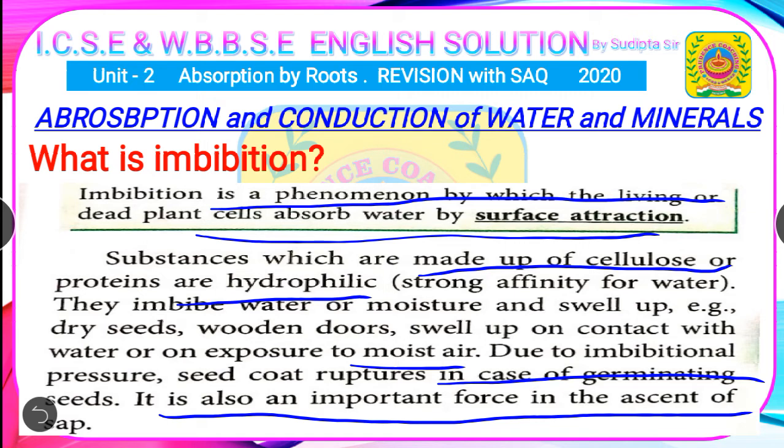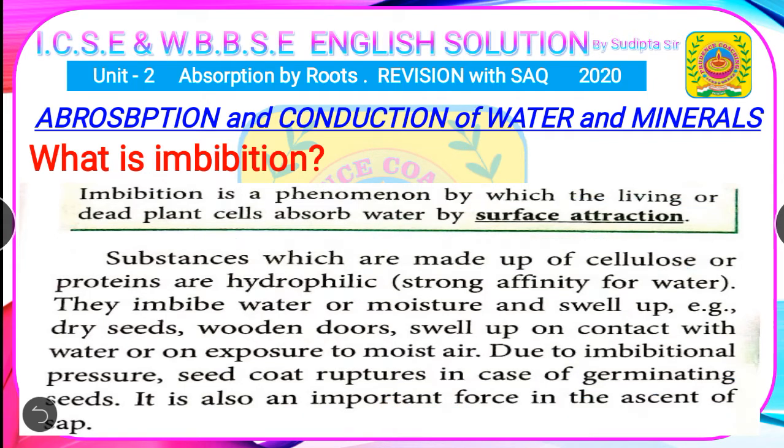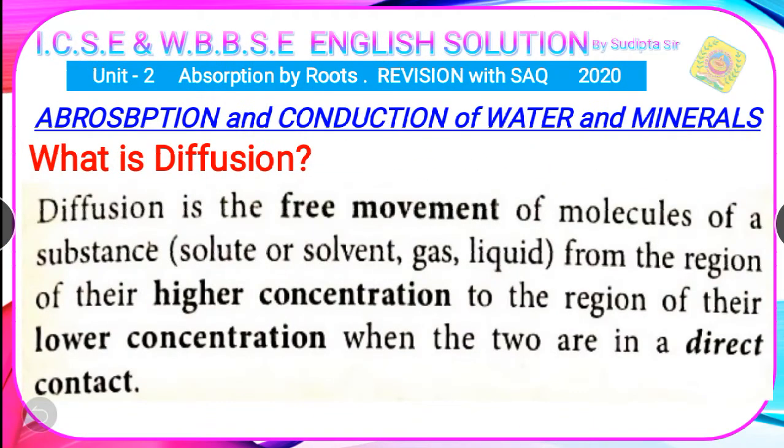The process of imbibition is the swelling up of seeds and wooden doors due to absorbing water, and this process is completely dependent on imbibition, and it also helps in creating the important force of ascent of sap as well.